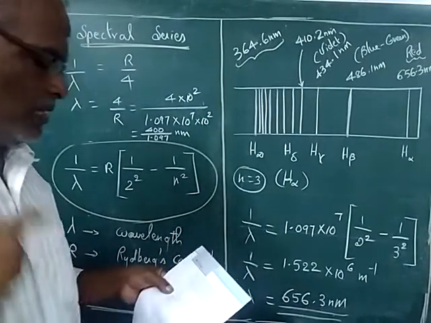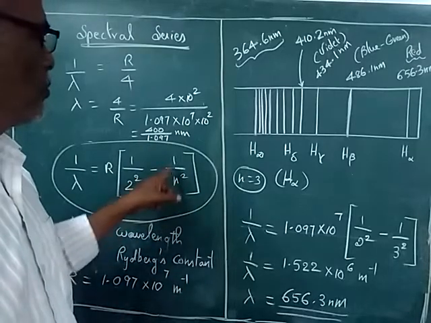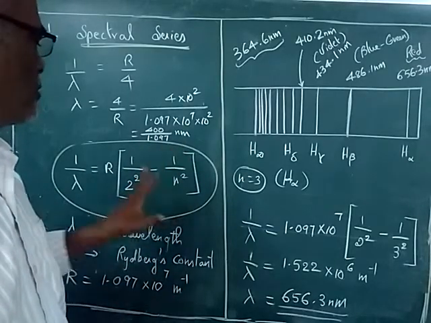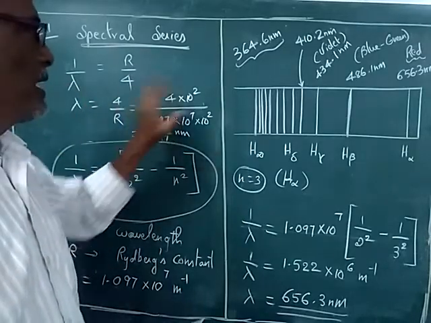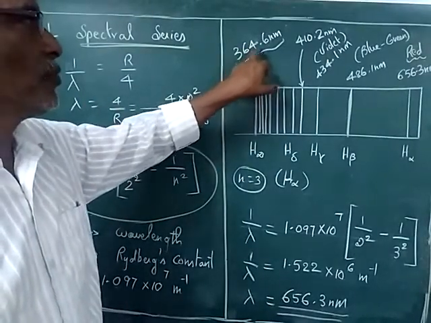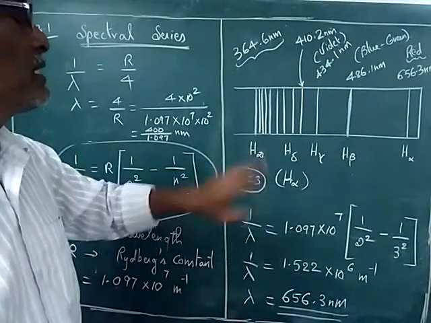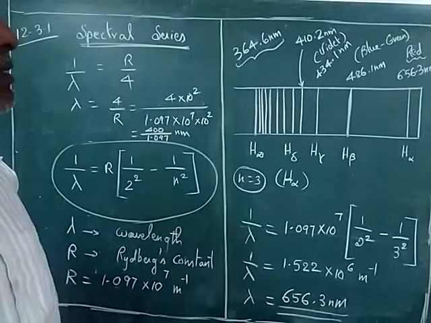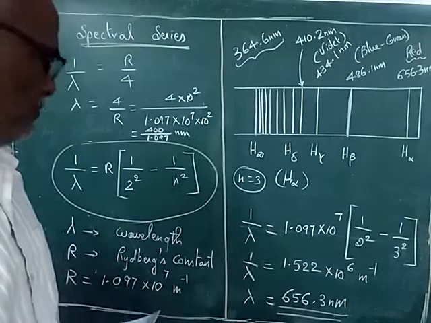Am I right? Okay. That is, when n tends to infinity, 1 divided by infinity is 0, so R by 4, and we have solved for it. So you are getting the value as 364.6 nanometer. This is for H infinity, the spectral line of the hydrogen atom when n is equal to infinity.